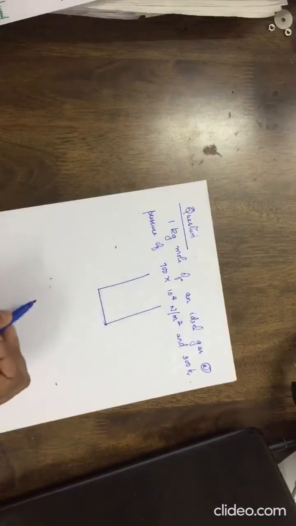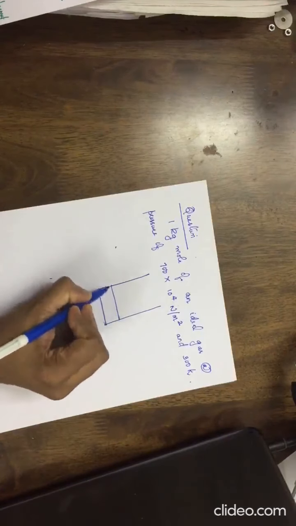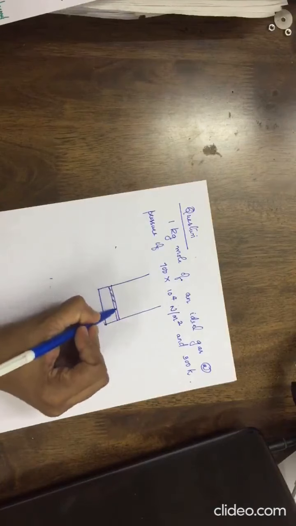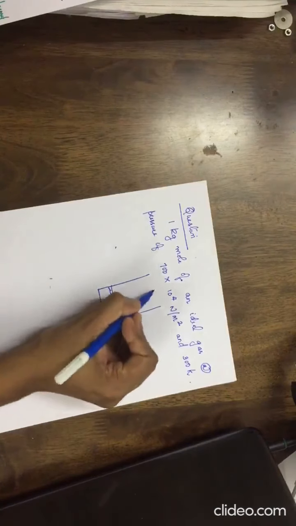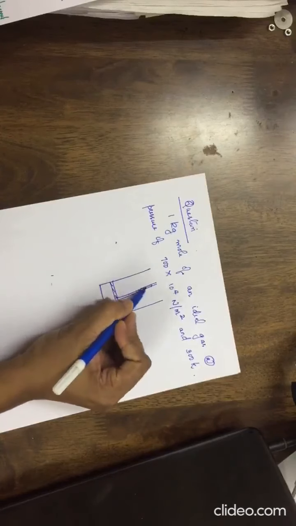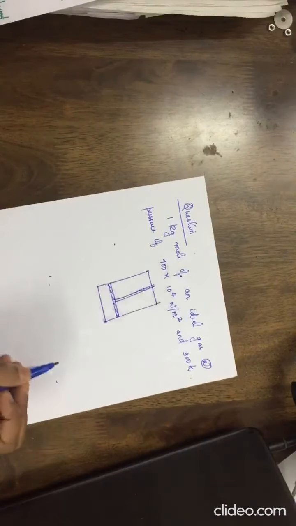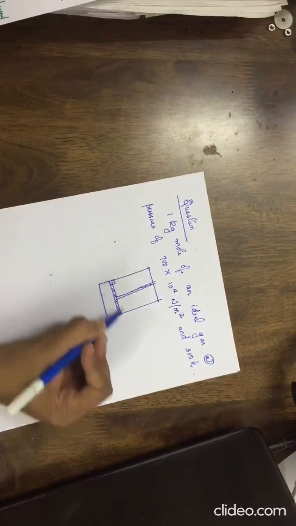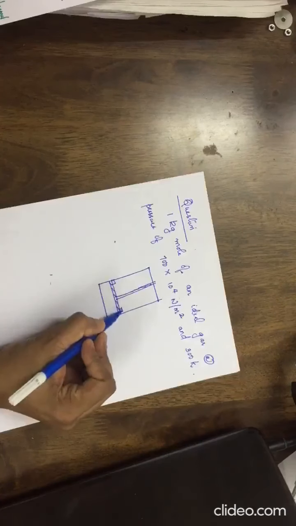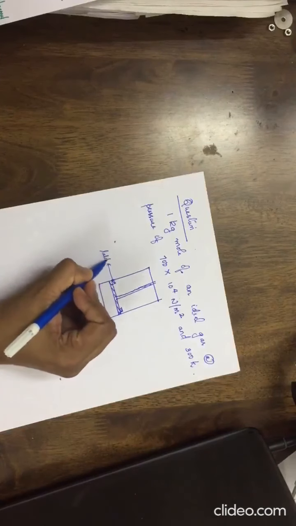Okay, so this is a gas confined in a piston cylinder assembly, piston plus piston rod. It's held up in a particular position by the latches.